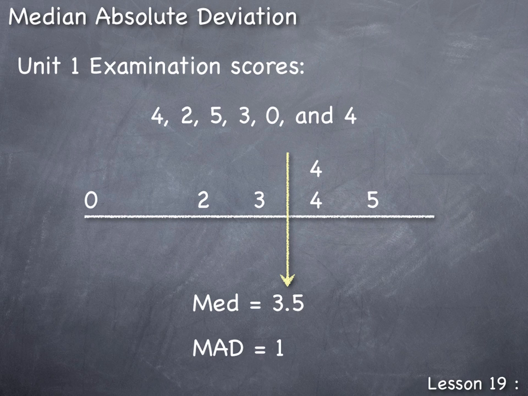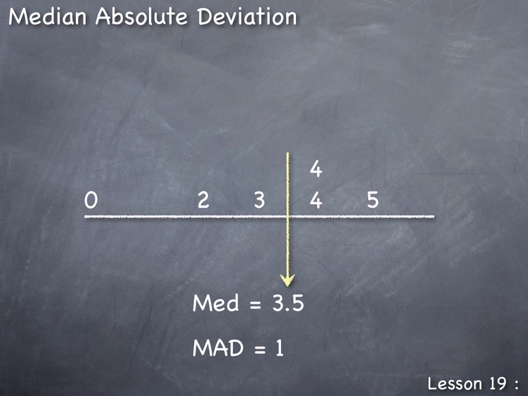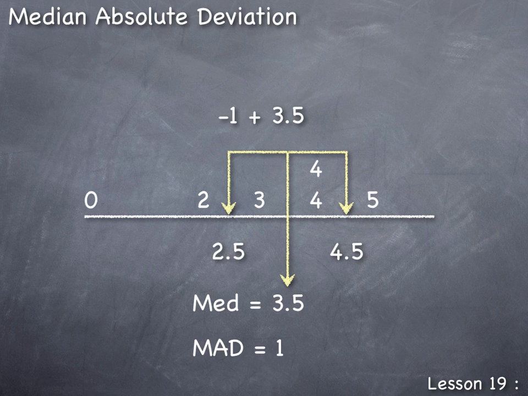With a median absolute deviation of 1, this tells us that if we go 1 median absolute deviation above the median value of 3.5, that would get us to 3.5 plus 1, or 4.5. And if we go 1 median absolute deviation below the median value, we would take 3.5 minus the 1 and get to 2.5.